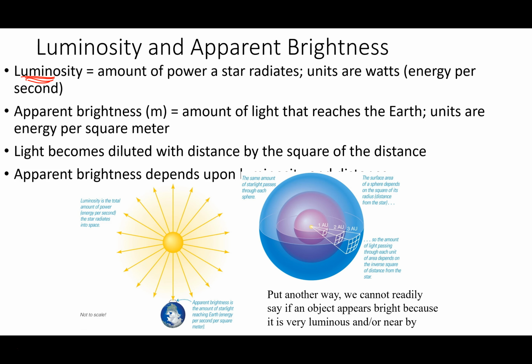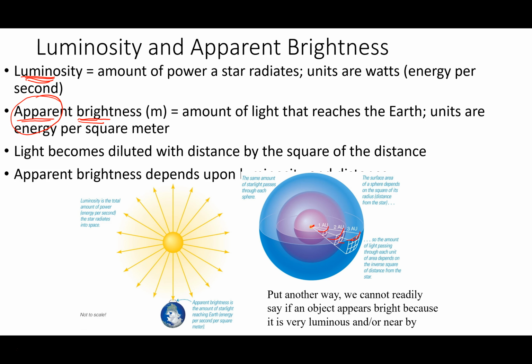Why does the apparent brightness change with distance? Remember, apparent brightness, I should define it: it means what the star appears to us. This is trying to show you, if this is where your light source is, and AU is astronomical units, how far the Earth is from the sun, if you get farther from the sun, that same shaft of light is diluted by the square of the distance you move from the sun.